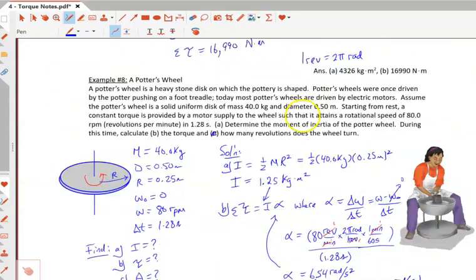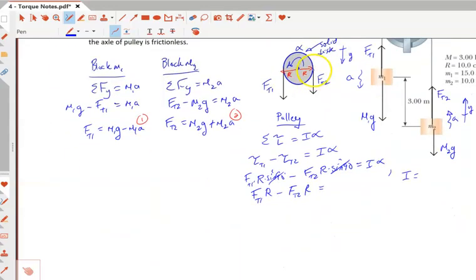So we're going to use that now. We're also going to make a replacement of alpha. If you remember the rotational version, S equals R theta, V equals R omega, and A equals R alpha. We're going to replace alpha with the tangential acceleration divided by the radius R.